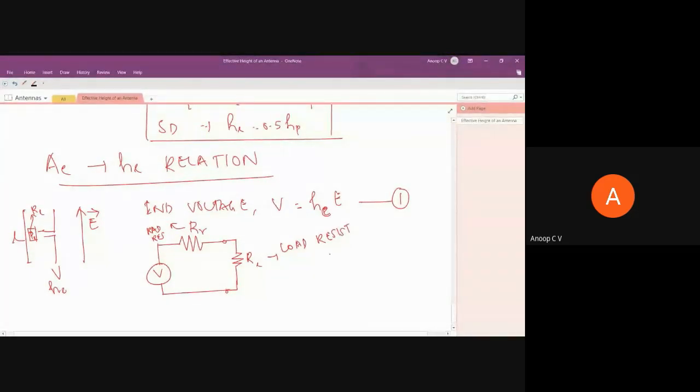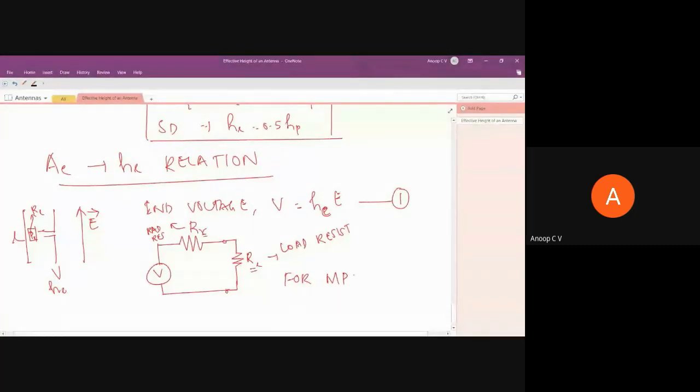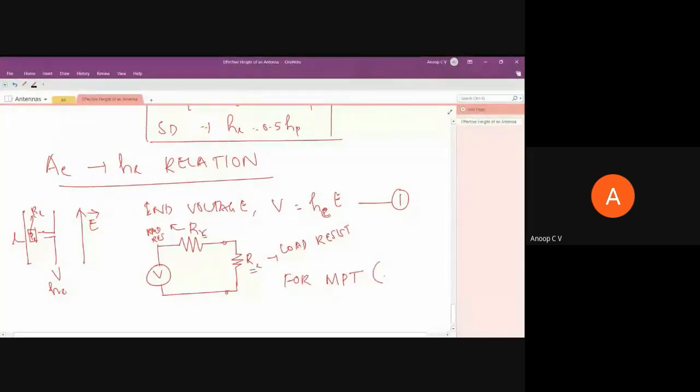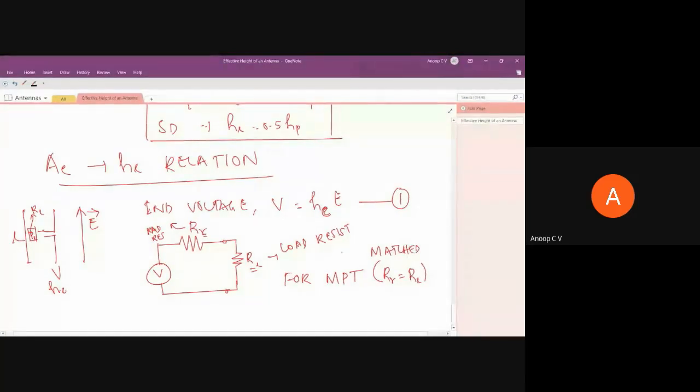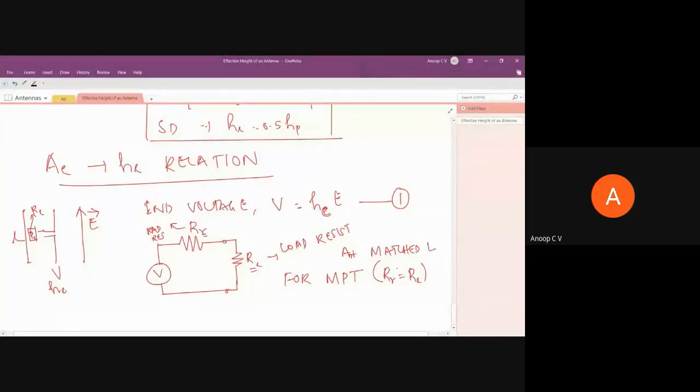So for maximum power transfer, suppose we are assuming this RR is matched with this RL. If the antenna is matched to the load, then RR is equal to RL.